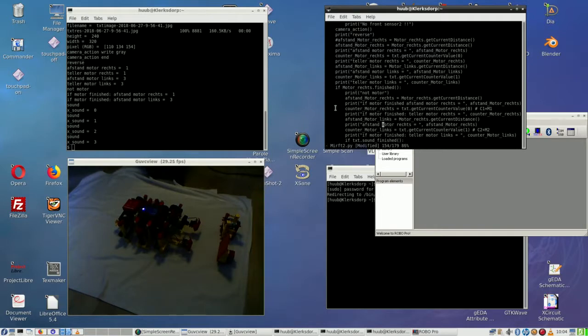Left and left, or links actually, that's better. I know I'm mixing up Dutch and English, but I don't care for now.